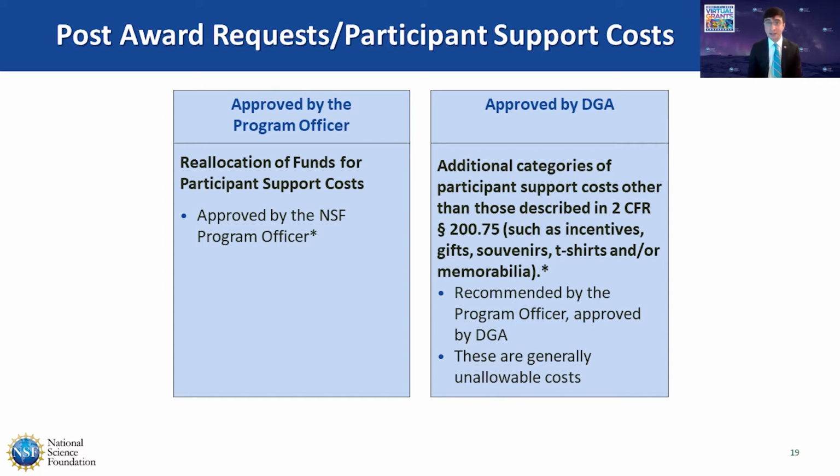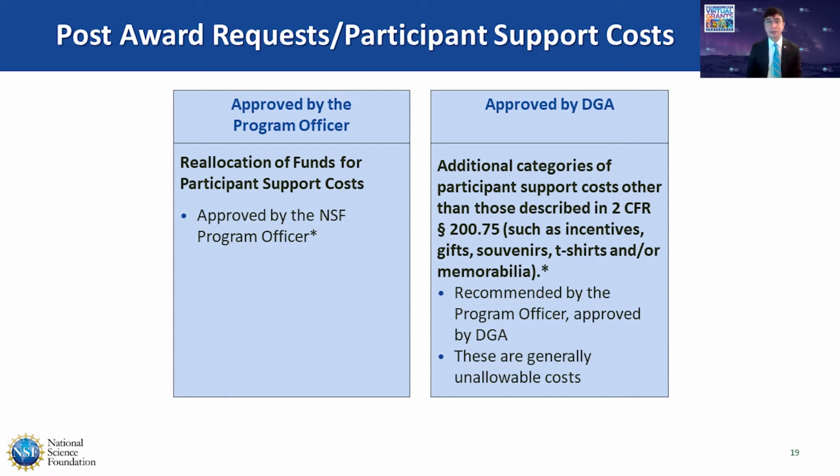The second is that while moving funds into the participant support cost category generally does not require prior approval from NSF, if a rebudgeting action transfers funds into the other participant support cost category, which can be seen on NSF standard budget forms, NSF prior approval will be required from DGA.